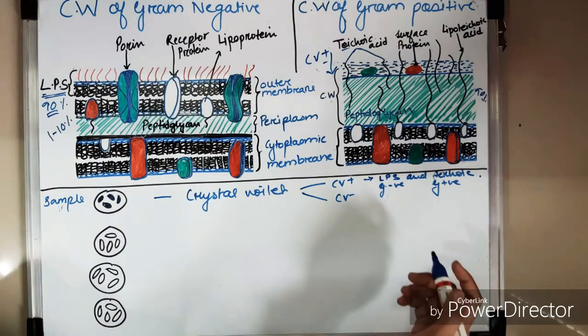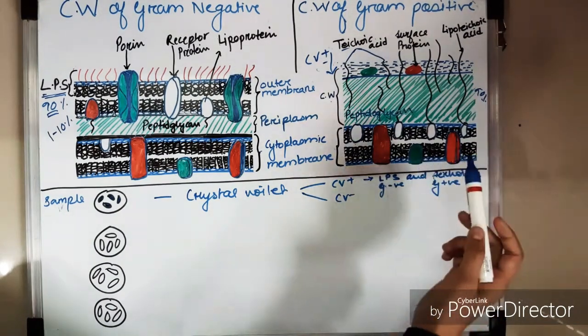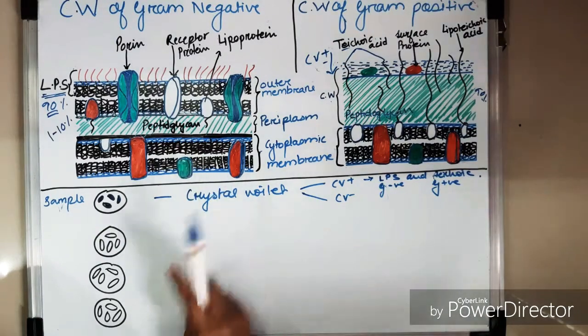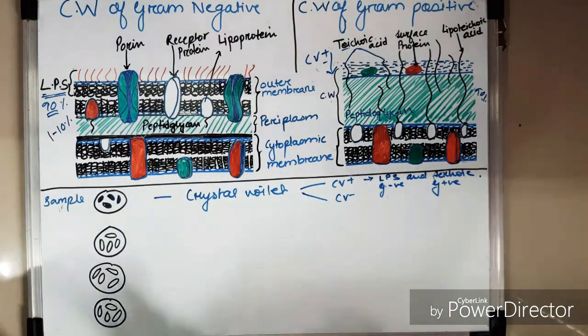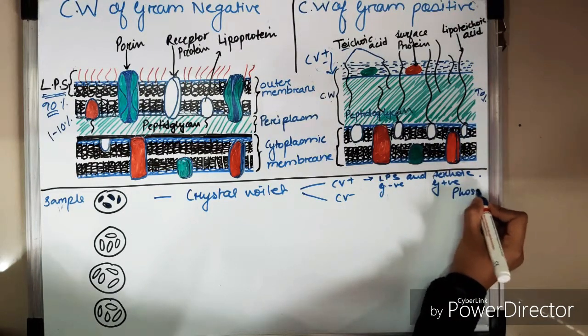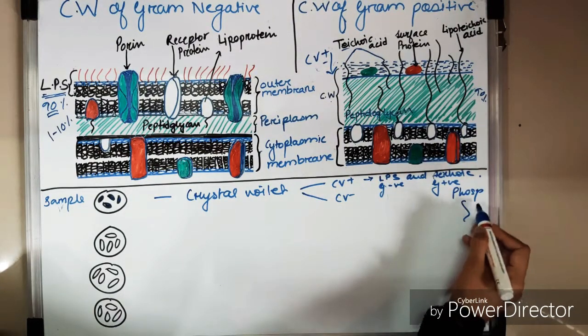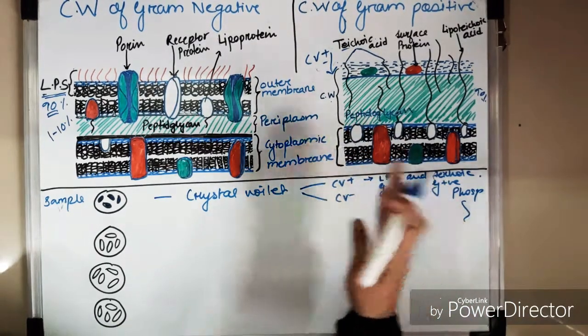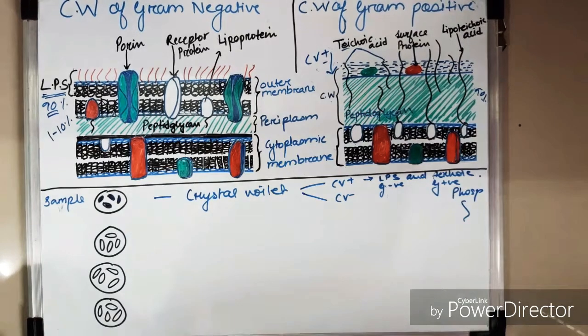The teichoic acid is negatively charged in gram-positive bacteria and the lipopolysaccharide is negatively charged in gram-negative bacteria. The teichoic acid contains phosphate in its structure, so therefore it is negatively charged.